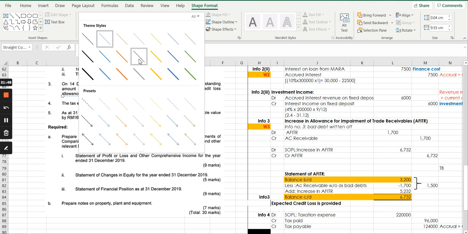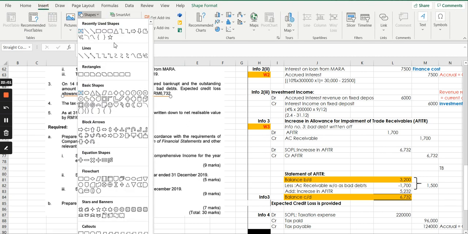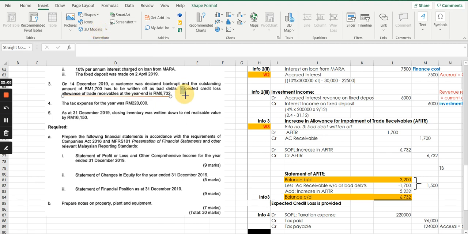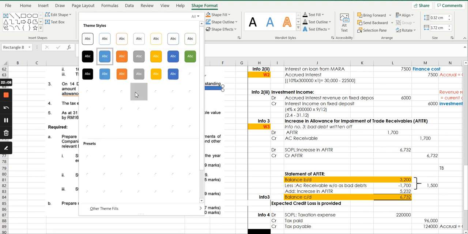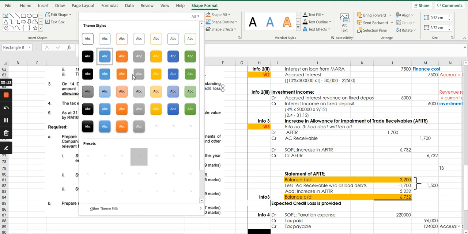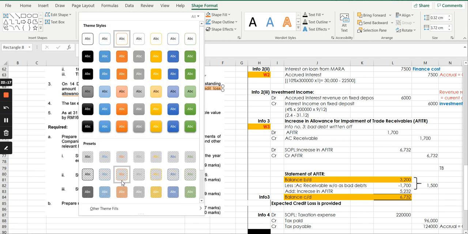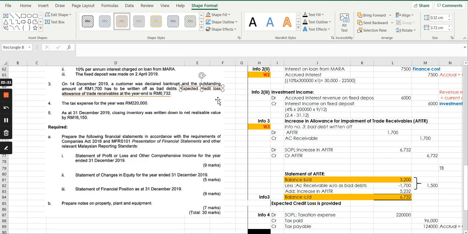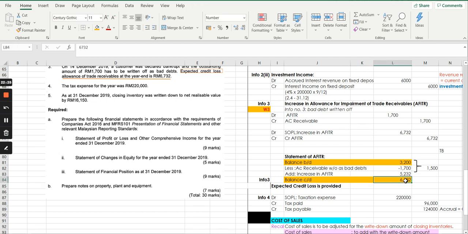That one is the 6732, which is your expected credit loss at the end of the year. So you are given that figure, 6732.